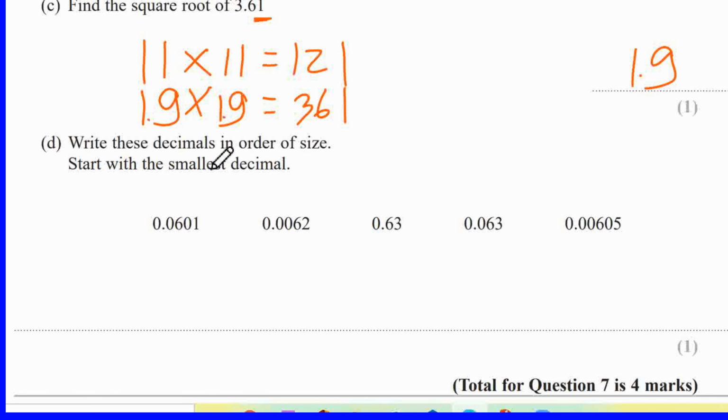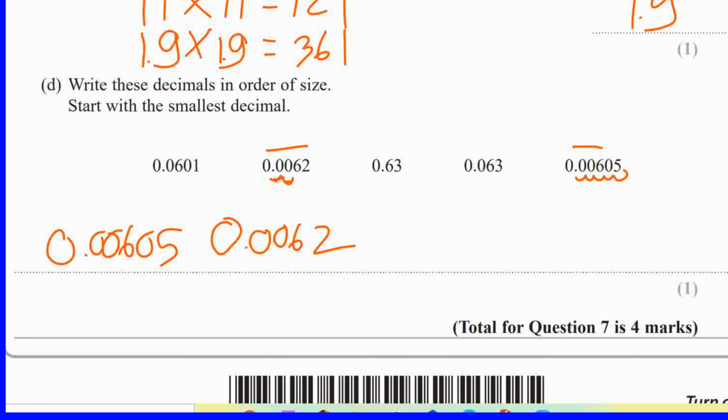For D, write these decimals in order of size. Write the smallest decimal first. So the smallest decimal will be 1.06, and then this is 0.06, also 0.0062, so there are 2 zeros here and 2 zeros here.